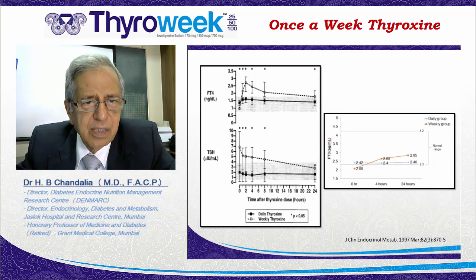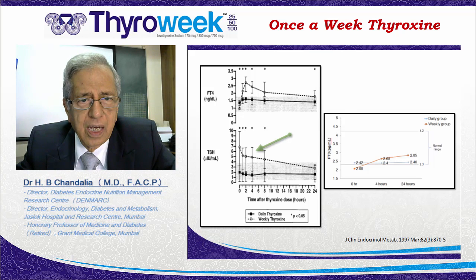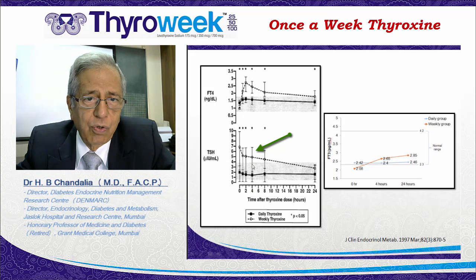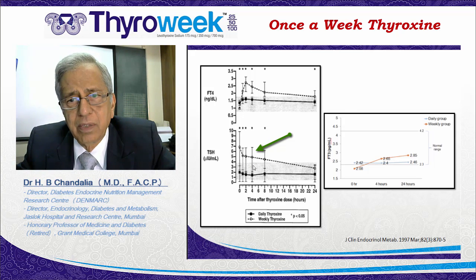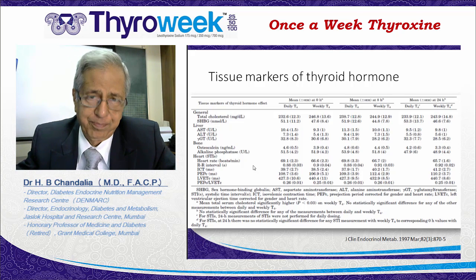However, it is very important, as you will see here, that this transient rise is not much above the physiological range. Although this rise is above that of the daily dose, it does not cross the physiological levels grossly, and therefore is not likely to produce any problem.